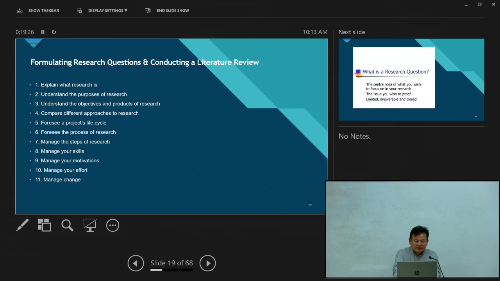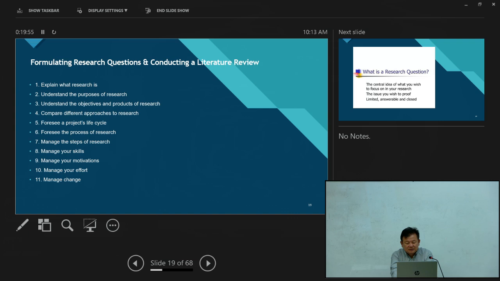Also, we should be able to compare different approaches to research. There are many kinds of research, and we need to compare the differences among them. You should also be able to foresee a project's life cycle.